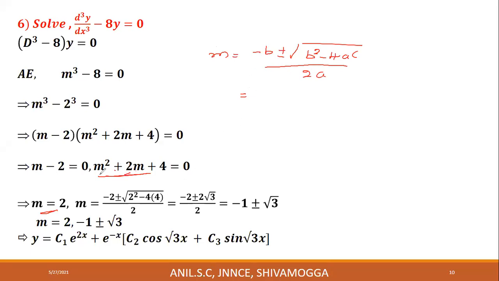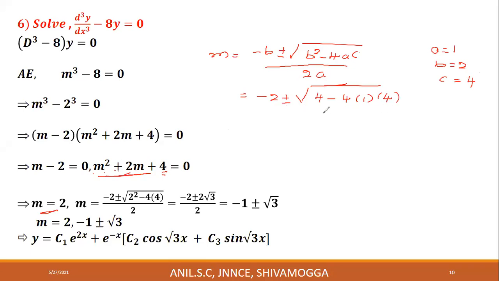A is equal to 1, b is equal to 2 and c is equal to 4. Substitute. Minus b is minus 2, plus or minus square root of b square is 4, minus 4ac, minus 4 into a is 1 and c is 4.